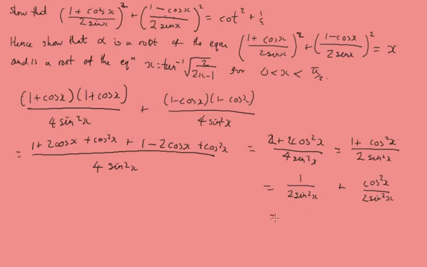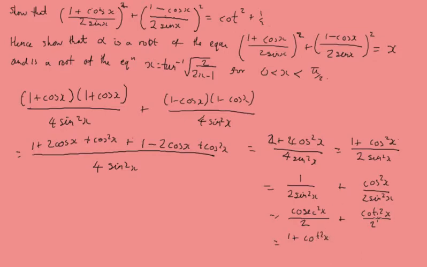Now this equals, the inverse of sine is cosec, and this is cot squared x. It's always good to have all your trigonometric identities in front of you when doing things like this. Now we can rewrite cosec squared x by 1 plus cot squared x.